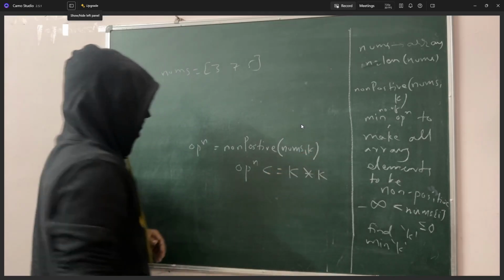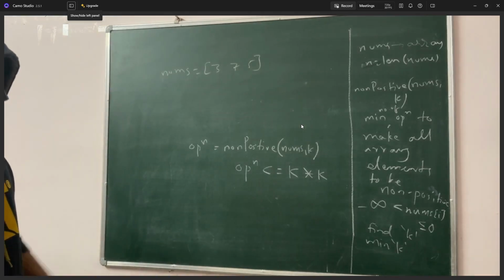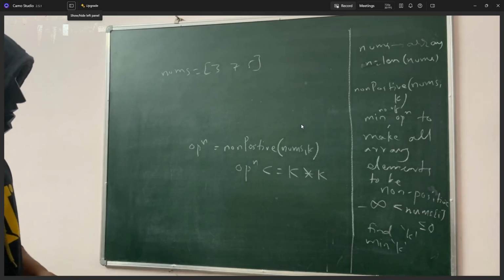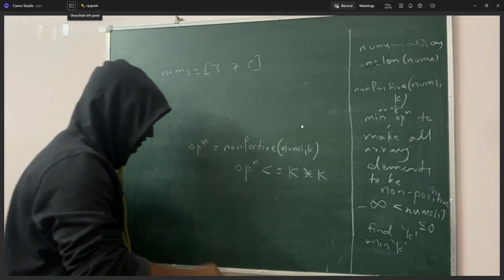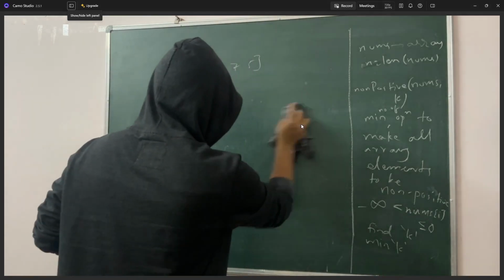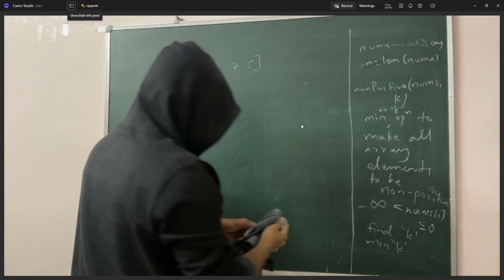So we have to choose this k. The problem statement looks kind of weird, so let me explain how we can do this, and while explaining you will get to know the optimal approach as well.